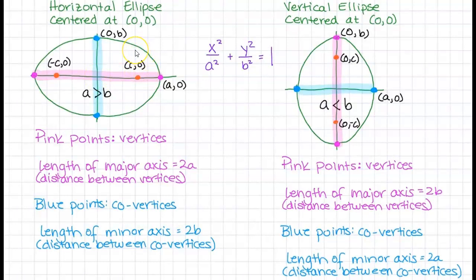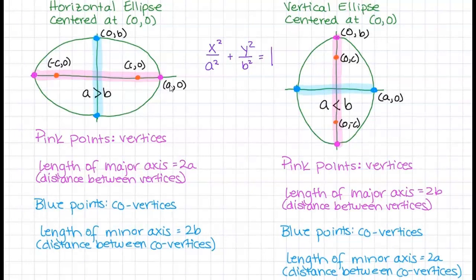And if you take a look, the longer distance here is going to be a. a is definitely longer than b. We just defined it. And of course, a is longer than c. So a is the longer one. So when you're thinking of the formula to relate a, b, and c together, since a is the longer one, then you say that the other two add up to that.